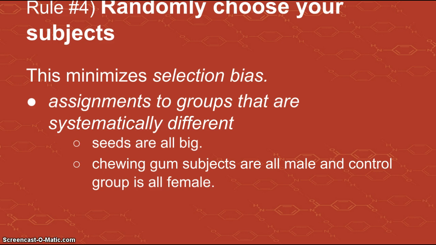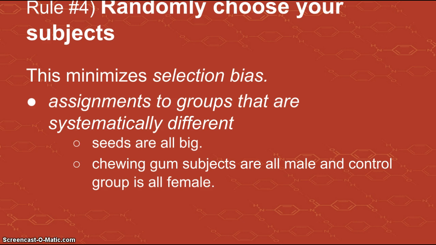For example, if you were to pick out all the seeds out of a bag that were big, that would be selection bias. Or if you were to call in a number of volunteers for the chewing gum study and you were to put all the males in one group and all the females in another group, that would be selection bias.